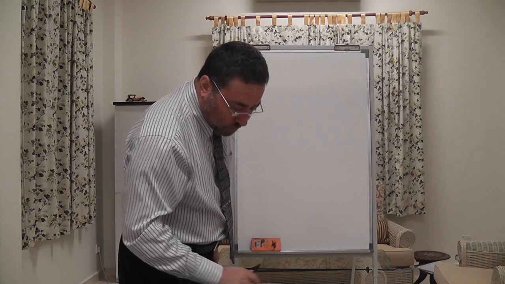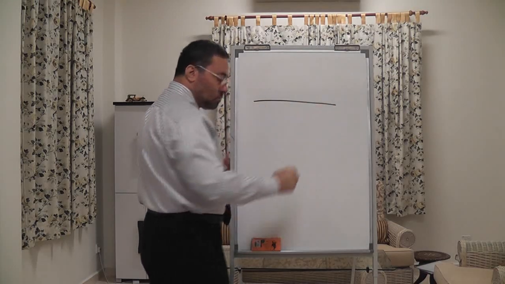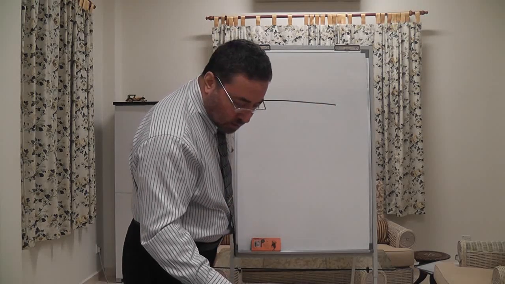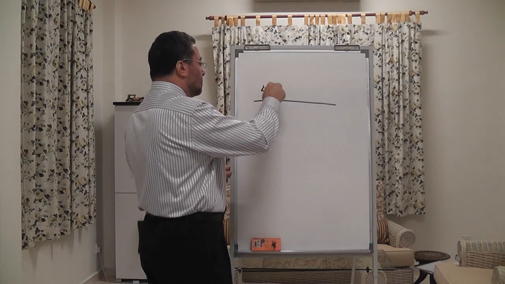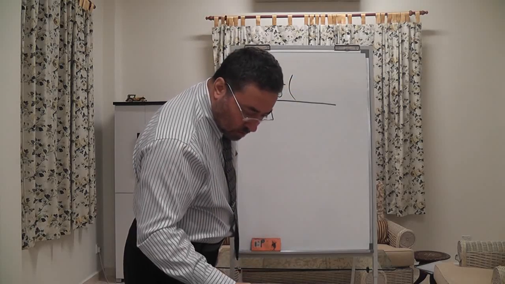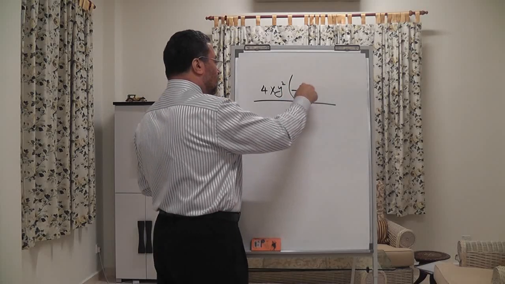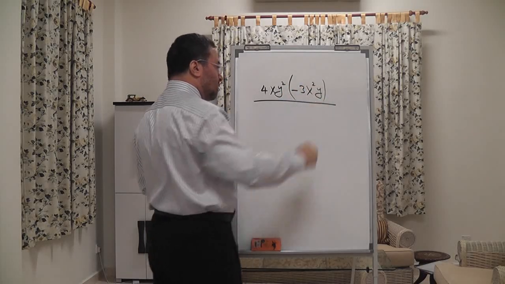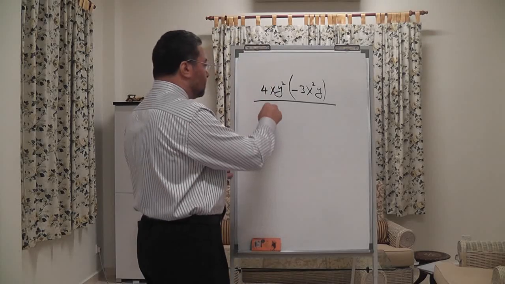Number 22, minus 4xy squared into minus 3x squared y over 10x cubed y.